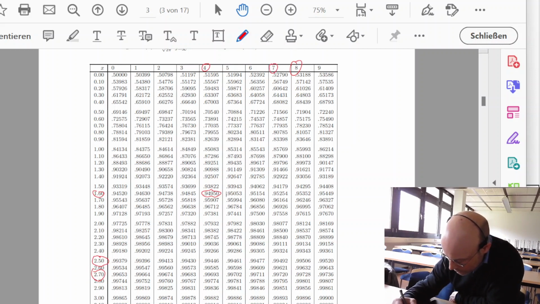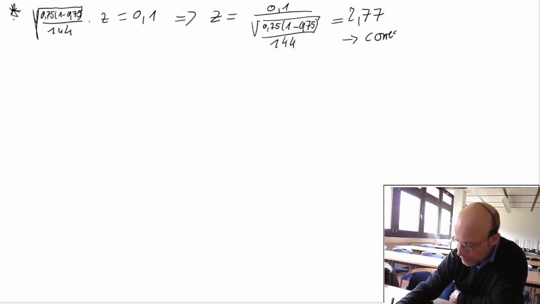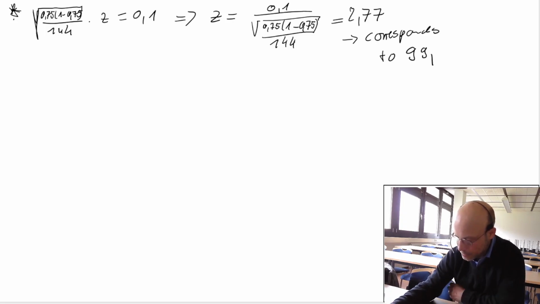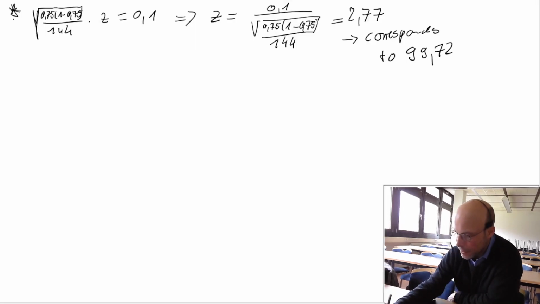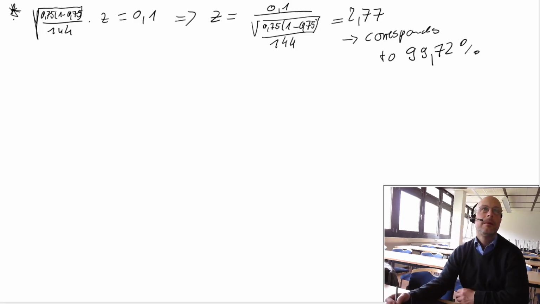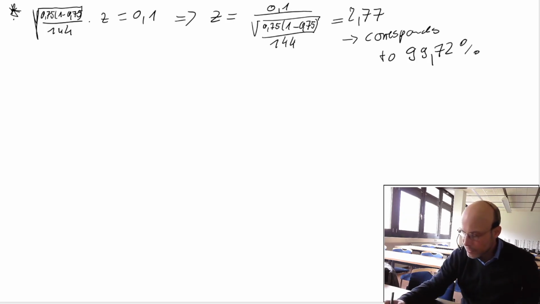We are here, and this corresponds to 99.72%. But now you have to keep in mind, again, we have a two-sided confidence interval.